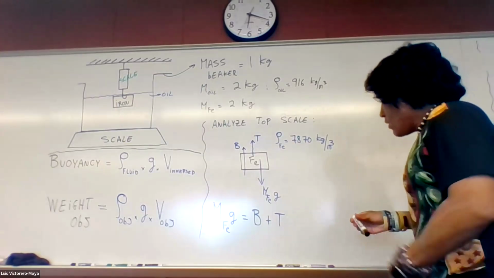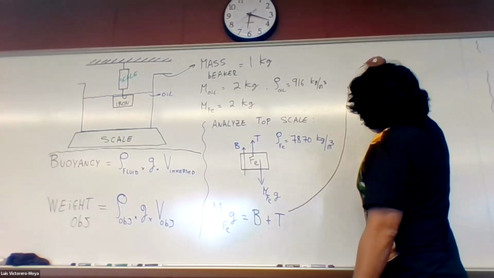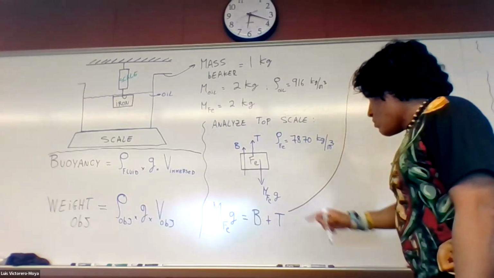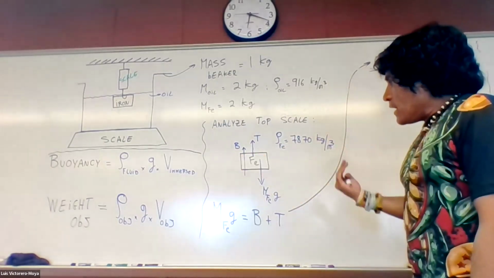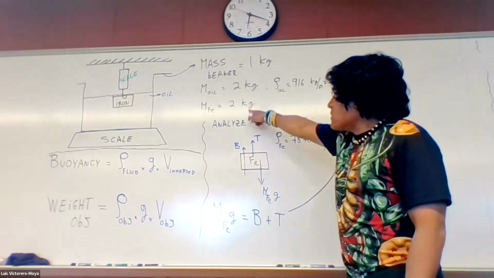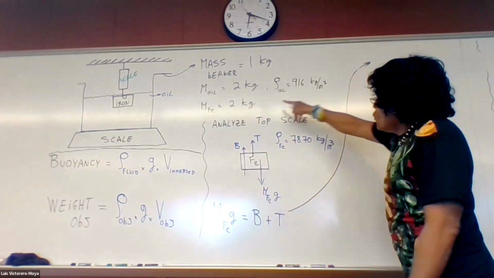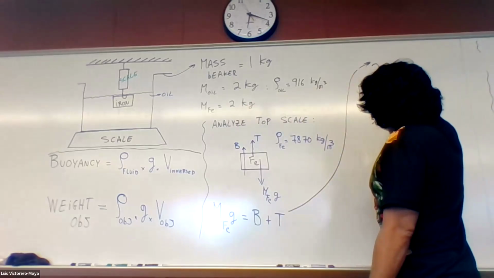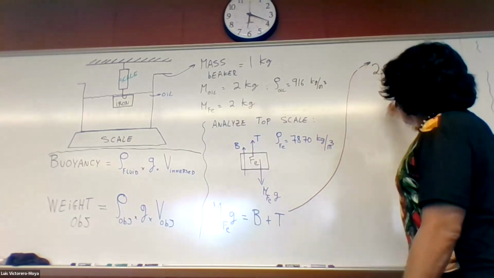Okay. So the weight of iron. It says the weight of the object, density of the object. Oh wait, but I have the mass of iron, so I don't need that. I can just use 2 times gravity. That's the weight of iron.